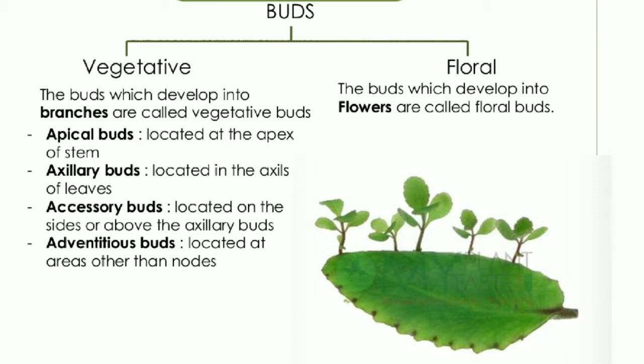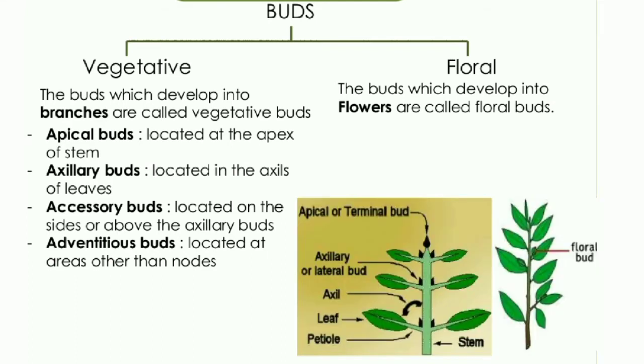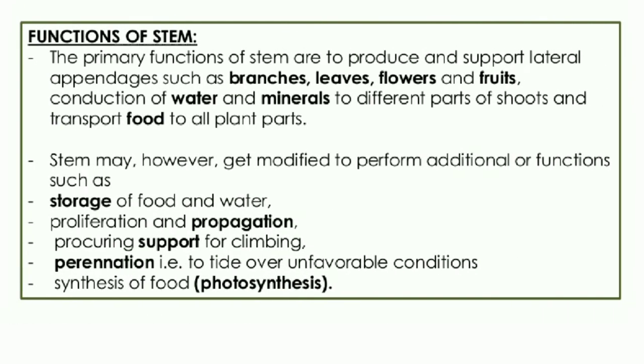For example, if the bud develops on the leaves, on the corner of the leaves, on the notches of the leaf, just like Bryophyllum, it is called adventitious bud. As usual, floral bud, if the bud develops into flower, it is called floral bud.